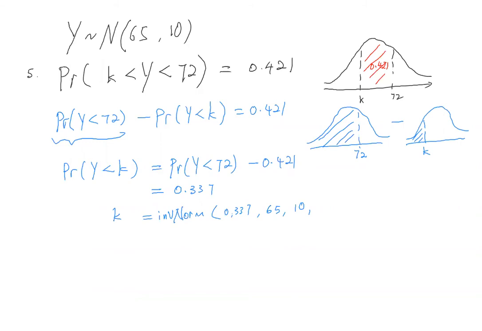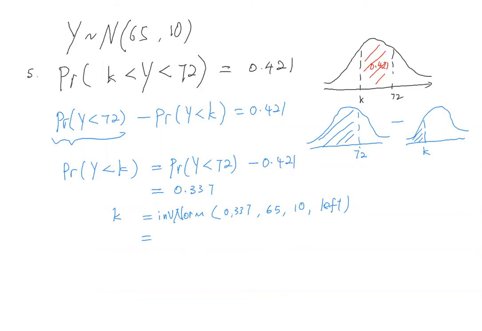And those who have left, you have to key in left. Then you get the answer. 0.337, the area, means 65, standard deviation 10, paste.